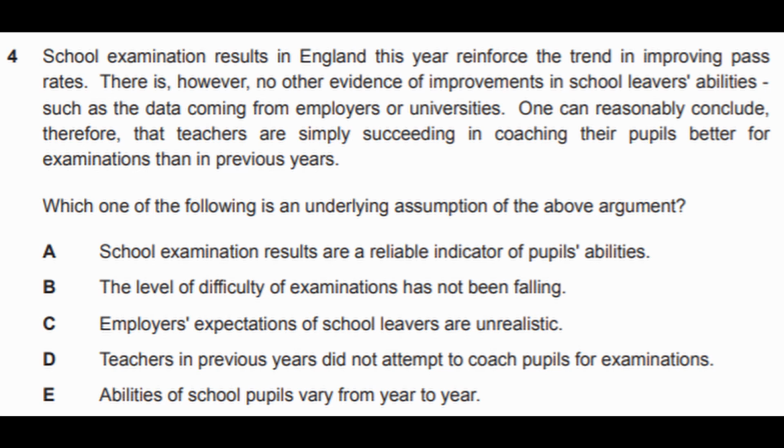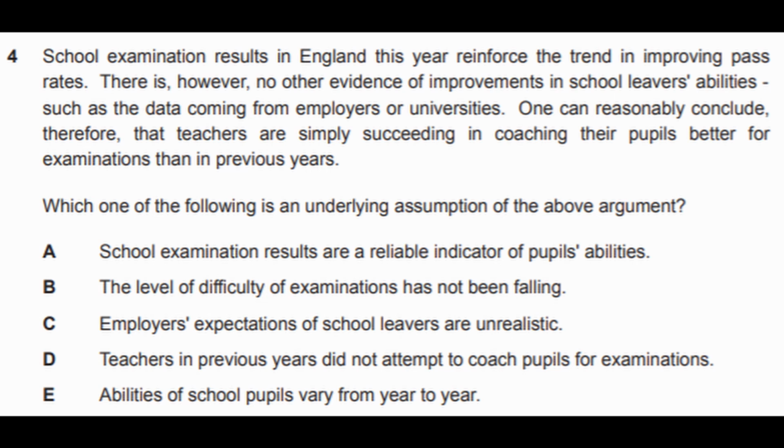So E, this is irrelevant to the question, but if we use the same tactic as above, we can see that more clearly. So does the argument still hold if we assume that the abilities of school pupils stayed the same from year to year? So i.e. we are explicitly assuming that they did not vary from year to year.